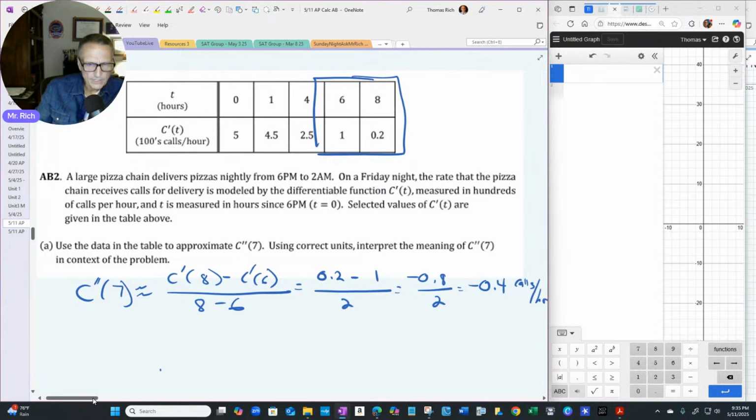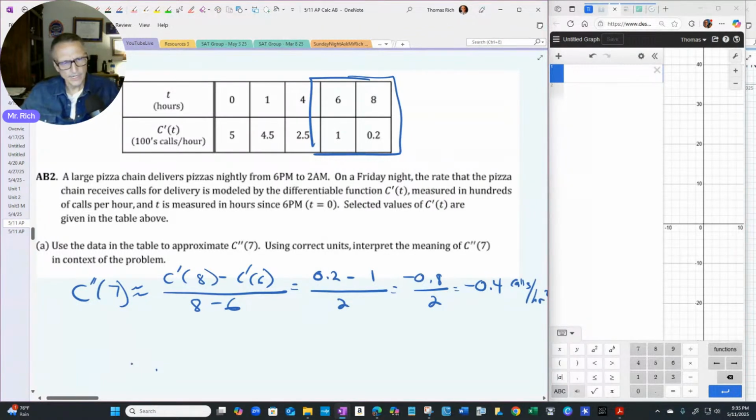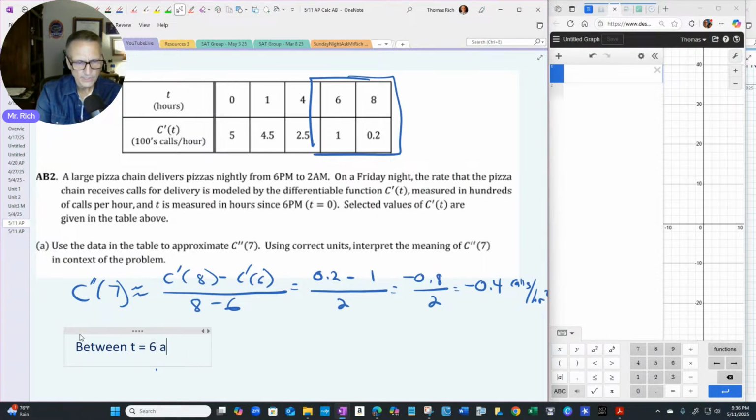Now, it says using correct units, interpret the meaning of that in the context of this problem. So what we want to do is make reference to the interval that we're using. So we would say between t equals 6 and t equals 8.